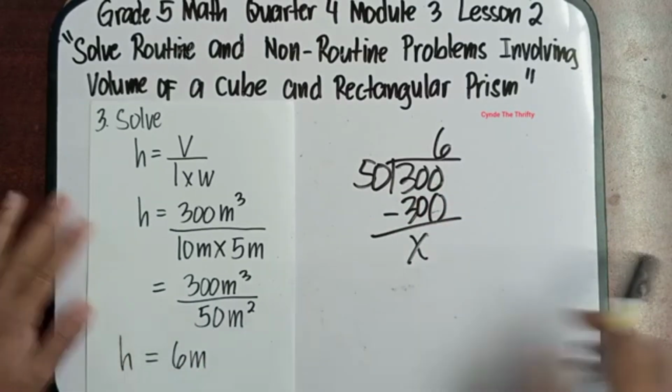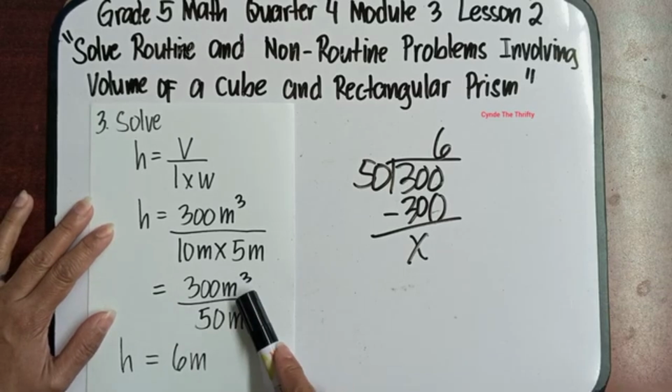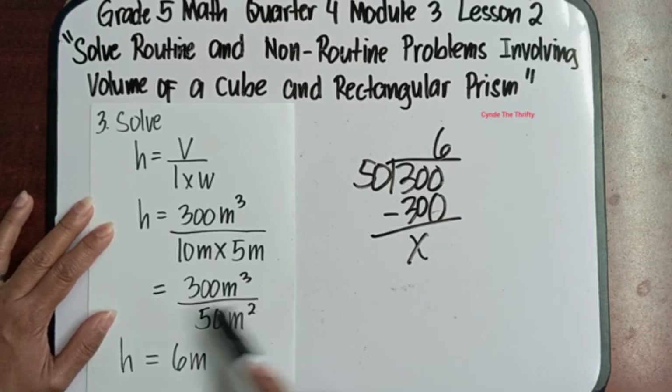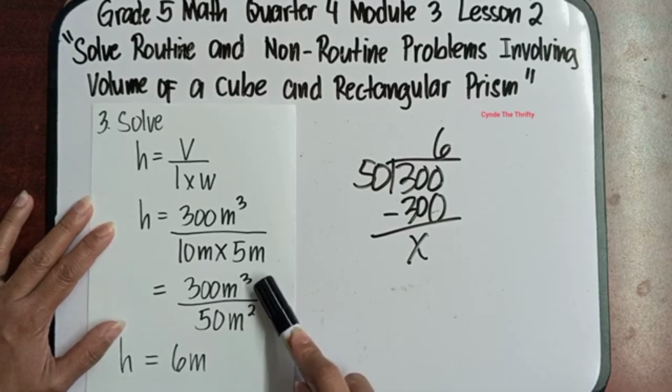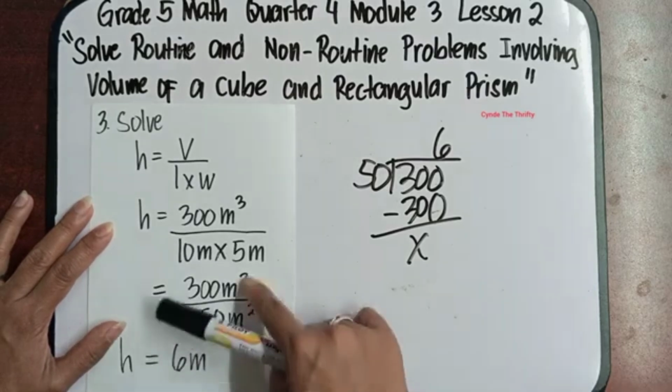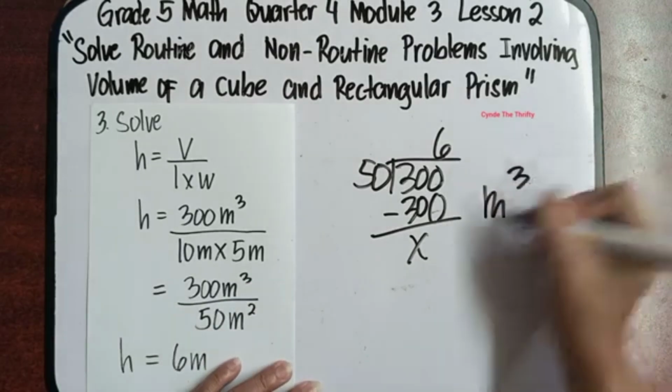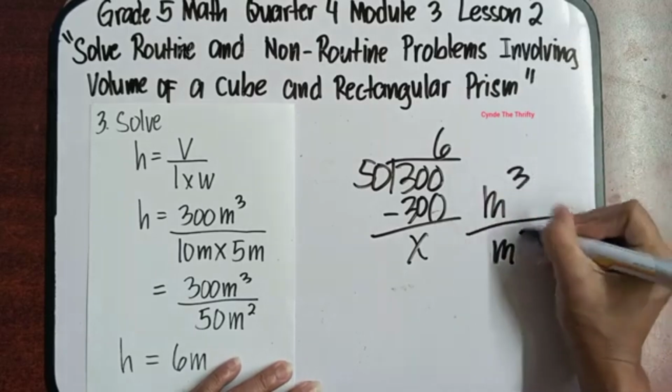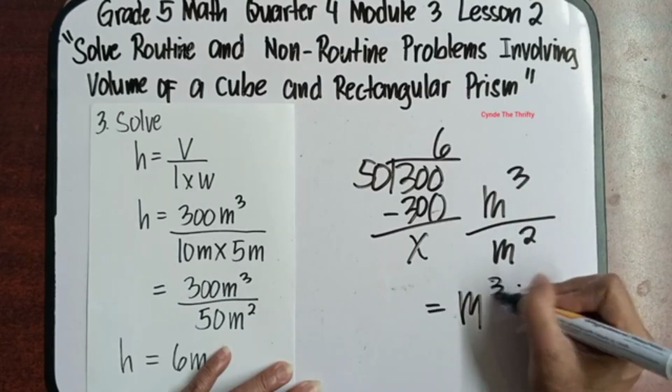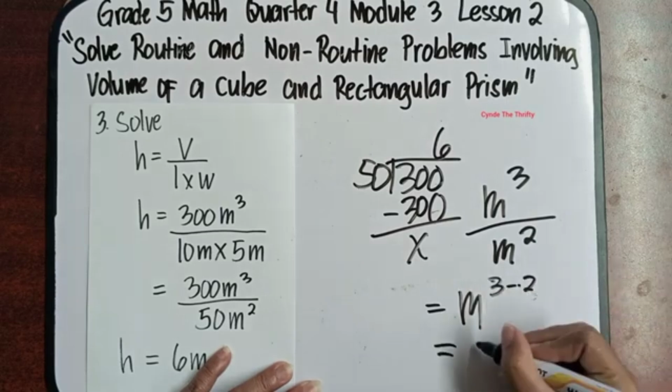Bakit naging meter siya? Ang unit ng ating meter dito is cube, pagkatapos sa baba is squared. Kapag nag-divide ka ng exponent, i-subtract mo ang iyong exponent. Cubic meter divided by meter squared, so cubic meter minus 2 is equal to meter.